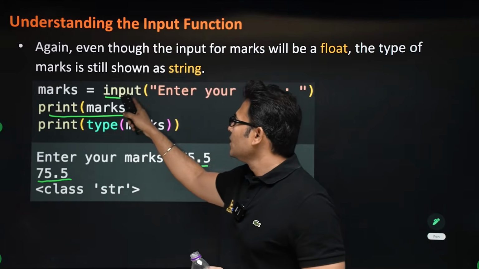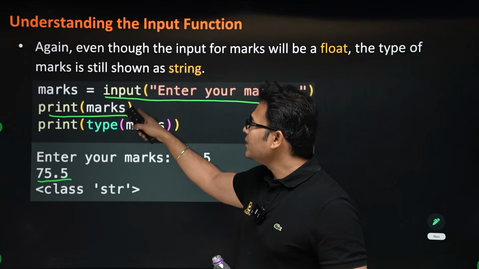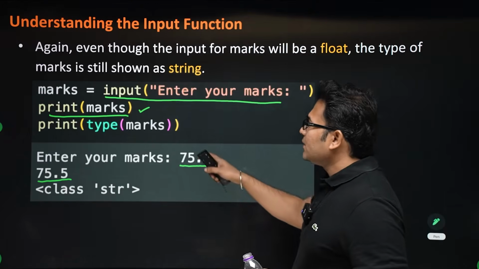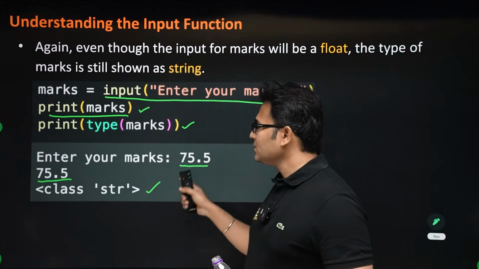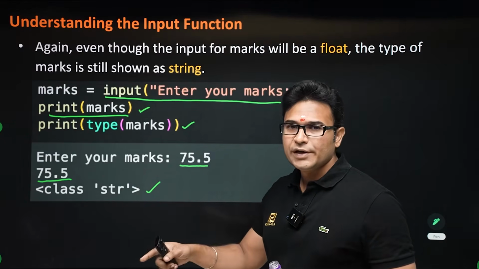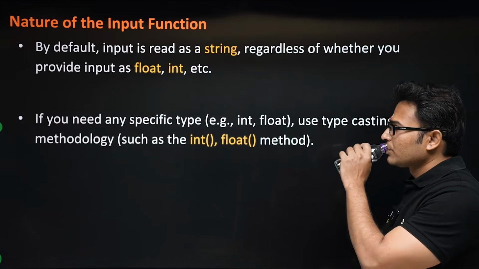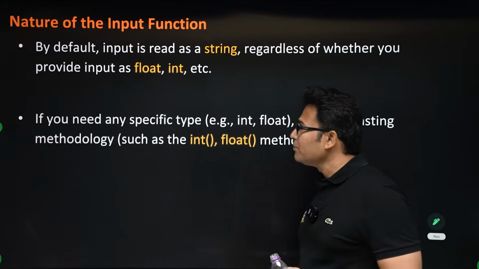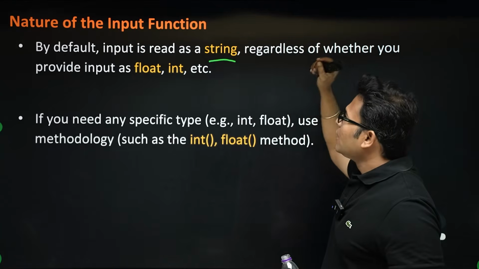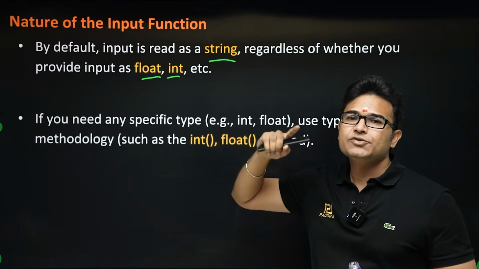When you are reading the marks using input, which is 75.5, and you print the marks, the type of marks, if you see, is string, which means whatever type you give as an input, it is always treated as a string. By default, input reads everything as a string, regardless of whether it is float or integer.